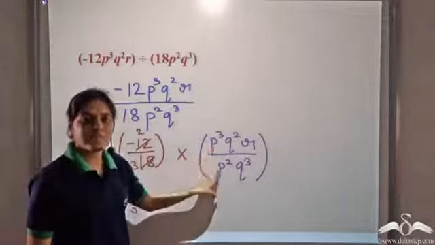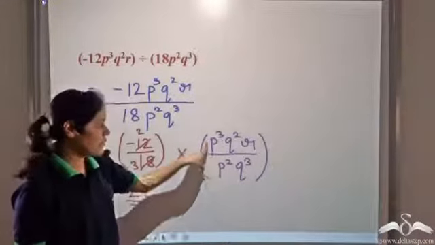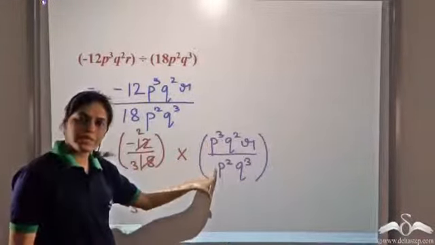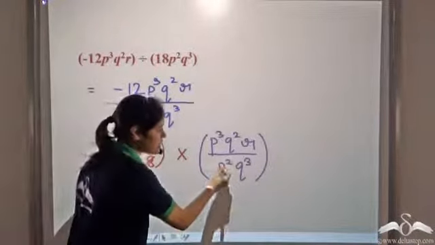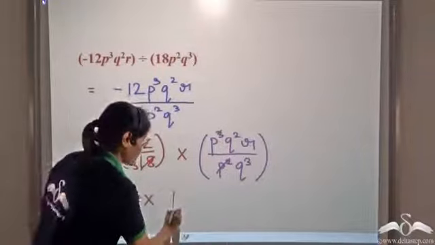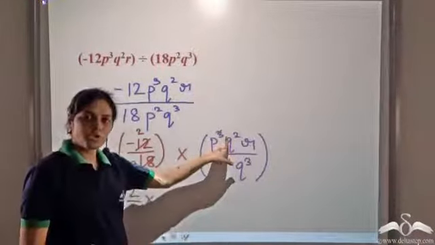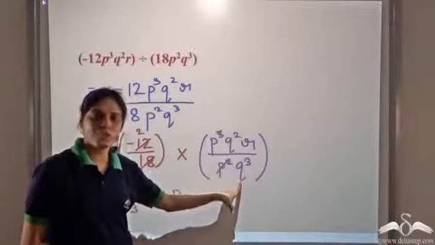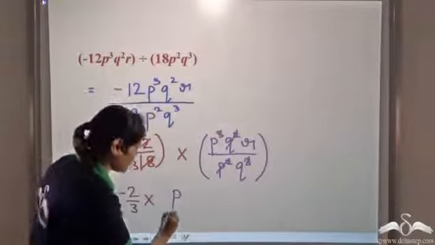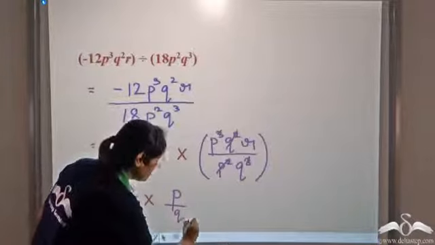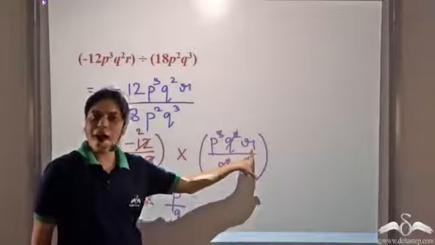Now we take variables one by one. P cube divided by p square. So p cube divided by p square gives us p. Q square divided by q cube gives us a q in the denominator. So p by q, and we have a r here.